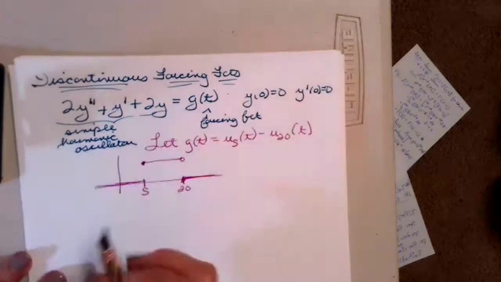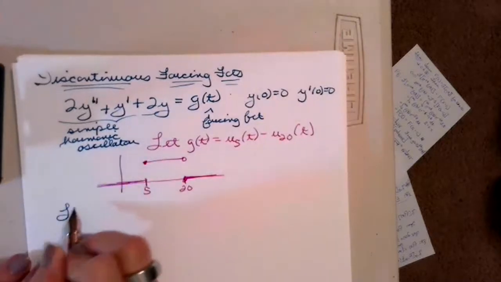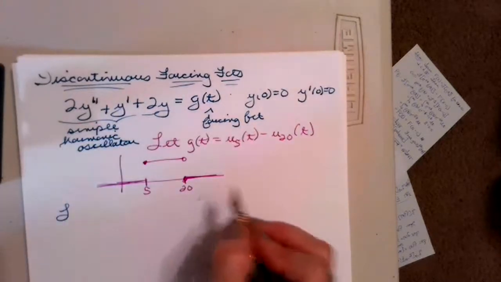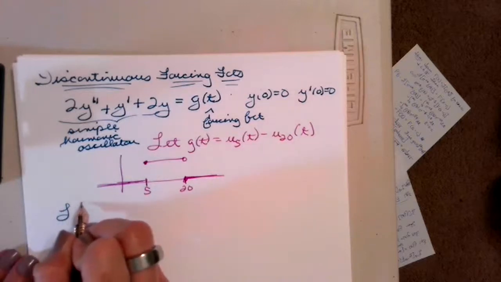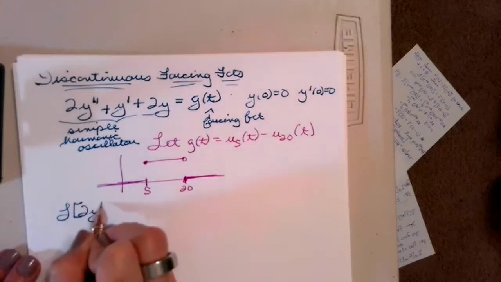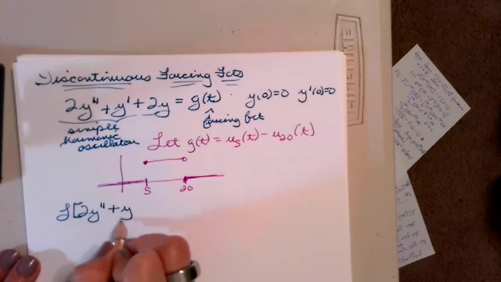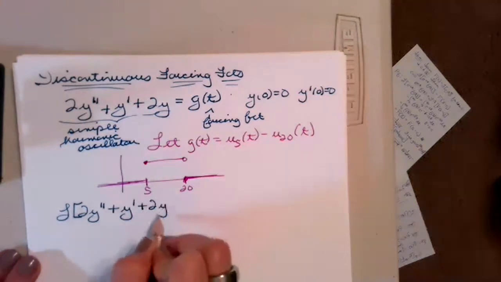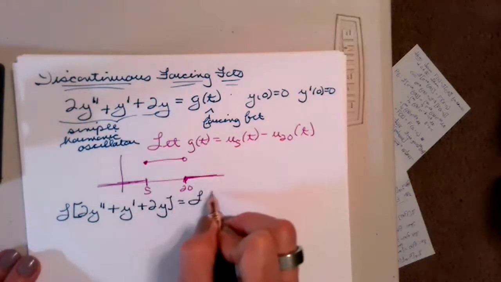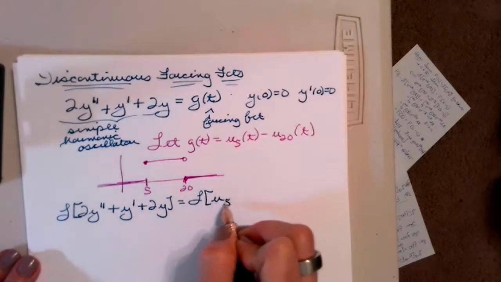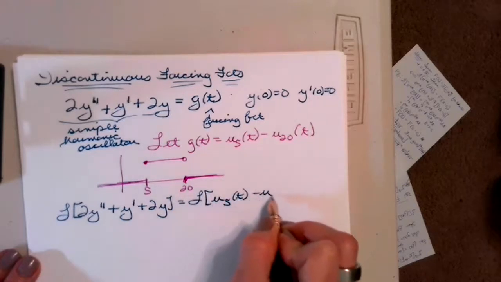So I take the Laplace transform of the whole equation on both sides. That will give me the Laplace transform of 2y double prime plus y prime plus 2y is going to be the Laplace transform of u5 of t minus u20 of t.